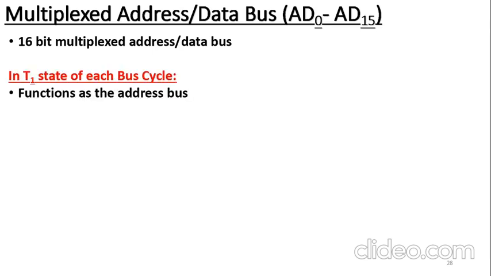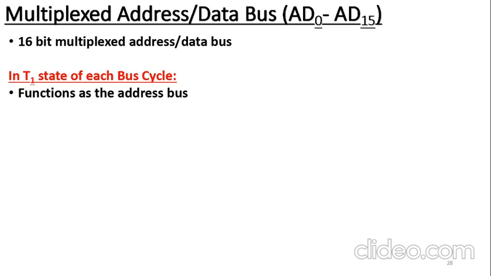Now, what do I mean by multiplexed address data bus? In the 8086 microprocessor, a complete bus cycle contains a number of T states: T1, T2, T3, T4.